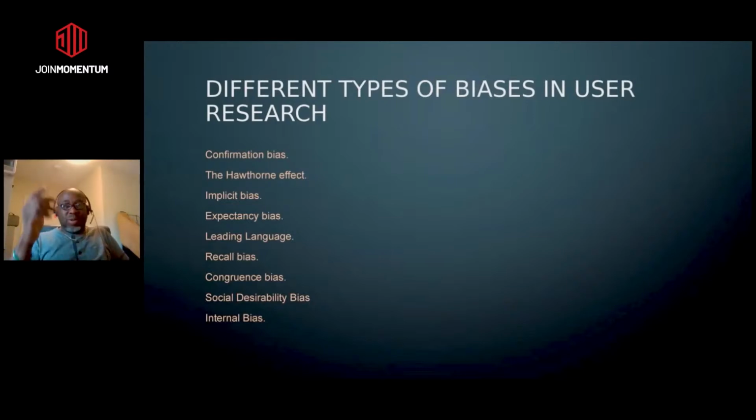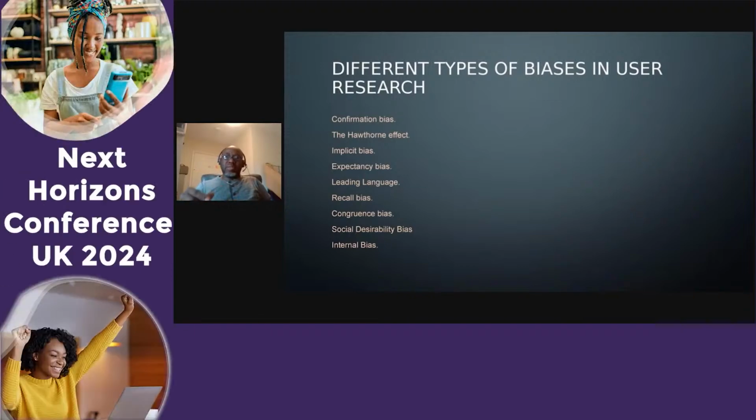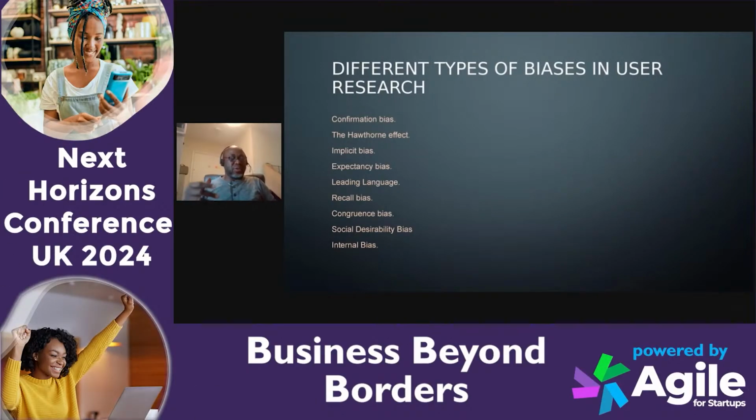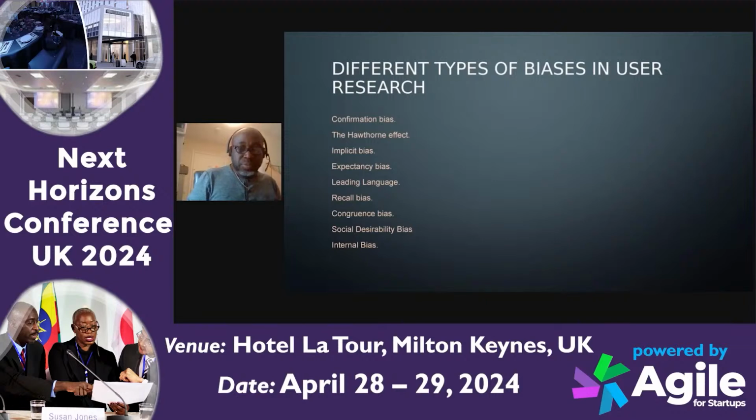And then leading language. Leading language bias is when the question is asked using certain words or terminology that provide a hint for the particular response or behavior. An example is, during user research, asking a participant, how much do you use this program? It's more like he already said he uses it.